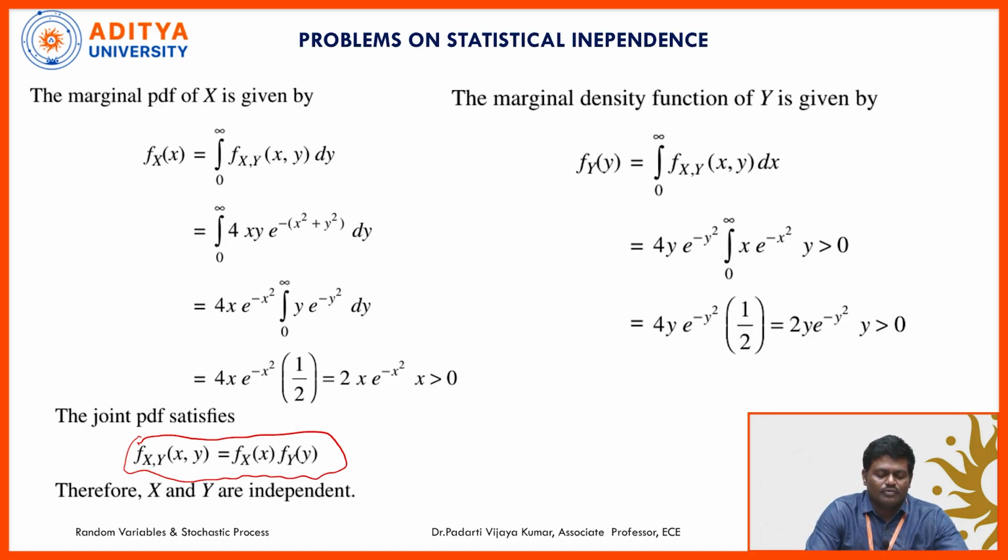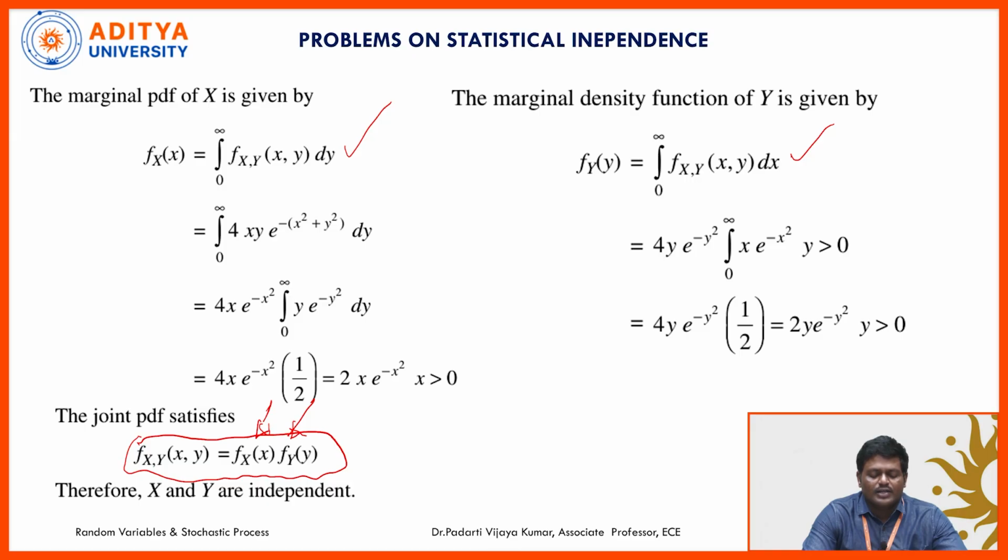Before that, we need to compute the marginal density function of X and of Y. If you integrate with respect to y, you will get the marginal density function of X. If you integrate with respect to x, you will get the marginal density function of Y. The joint density function is 4xy e power minus (x square plus y square) with the valid limits. Here, e power a plus b can be written as e power a into e power b.